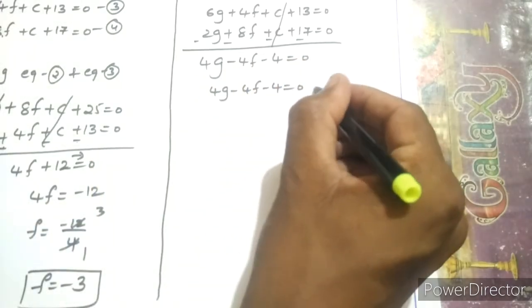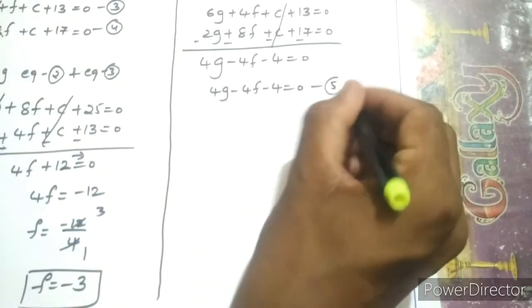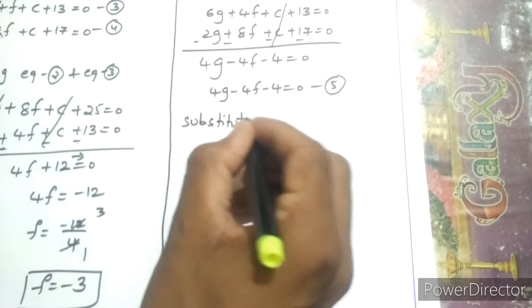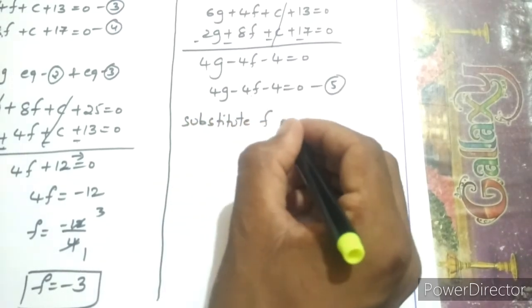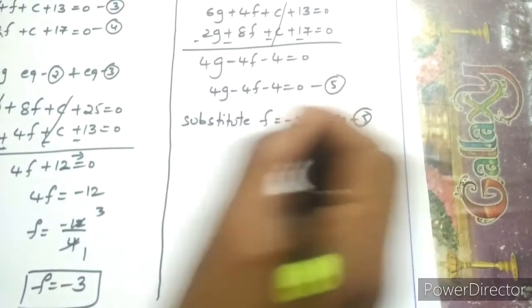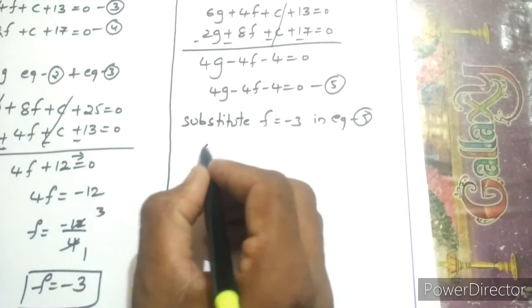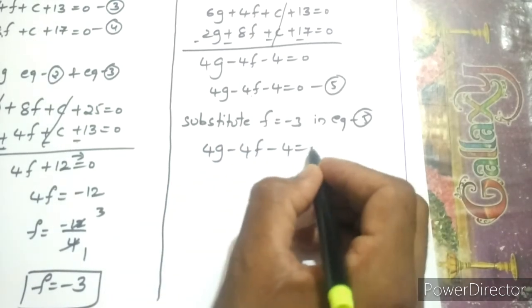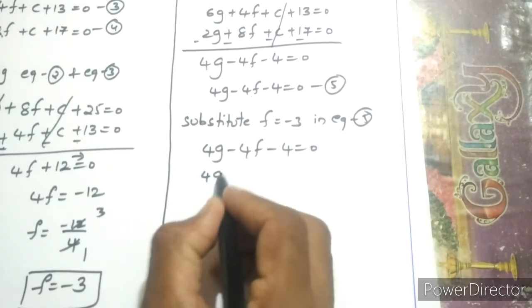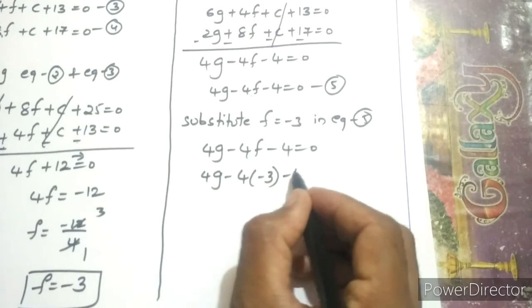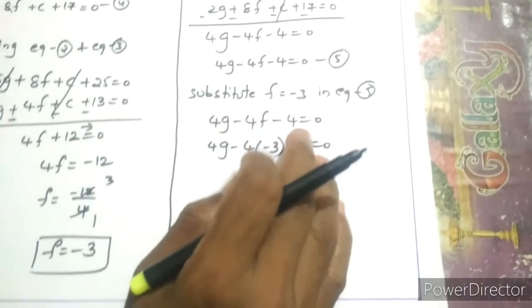So if you think of this equation as equation number 5, substitute f is equal to minus 3 in equation number 5. So what happens? 4g minus 4f minus 4 is equal to 0. So this becomes 4g minus 4 into f value, minus 3, minus 4 is equal to 0.